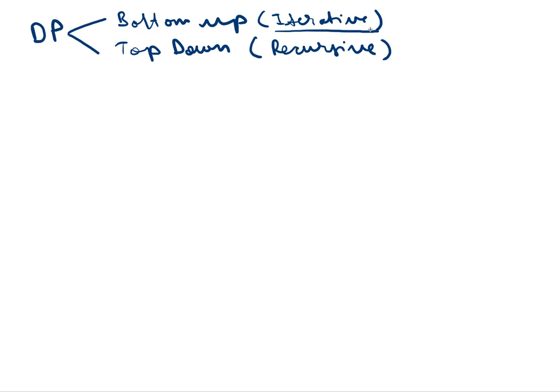So let's first find out what the subproblem will be in this case. This part is very important, and you have to spend some time to understand and find out what could be possible subproblems.